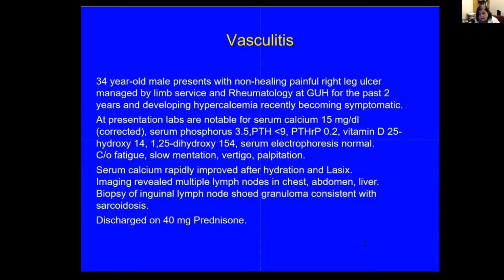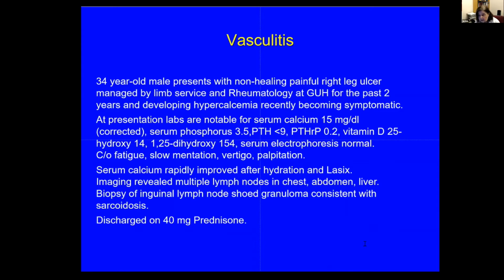Okay, this was a young 34-year-old guy who presented with a non-healing right leg ulcer. I was consulted by the limb service, and rheumatology was seeing this person for 2 years. And meanwhile, he developed hypercalcemia, which recently became symptomatic.